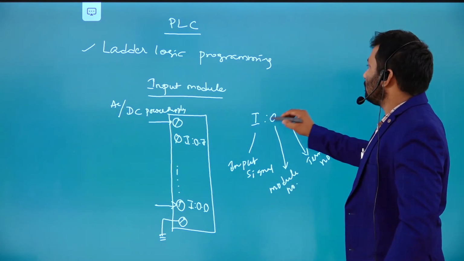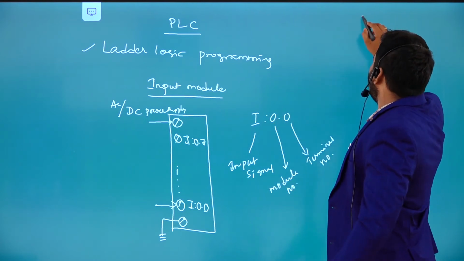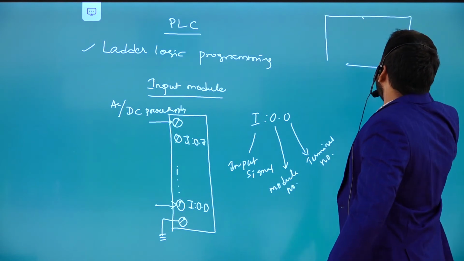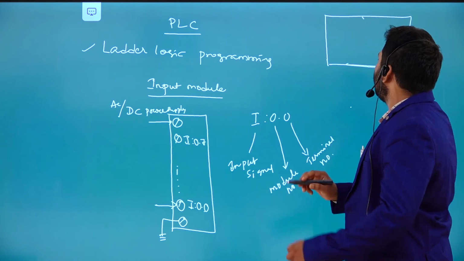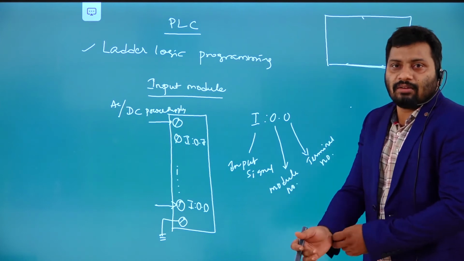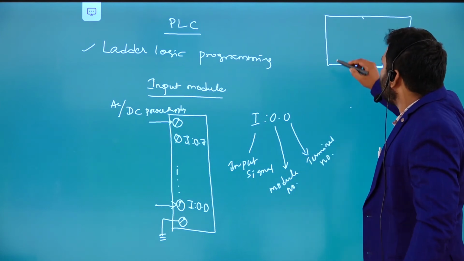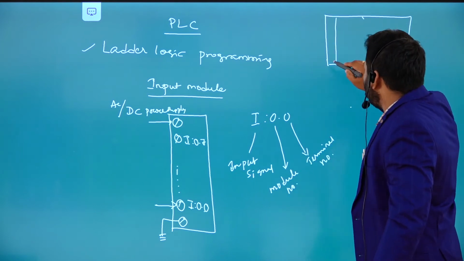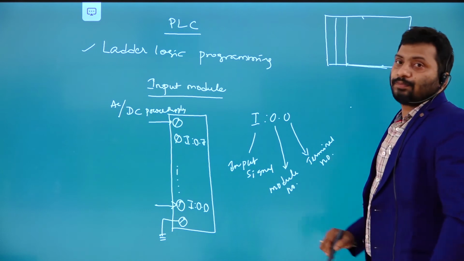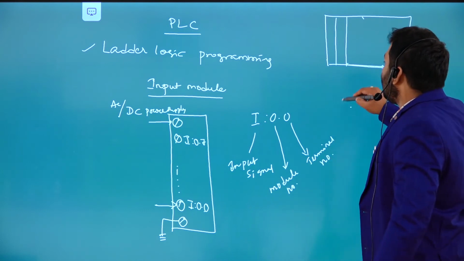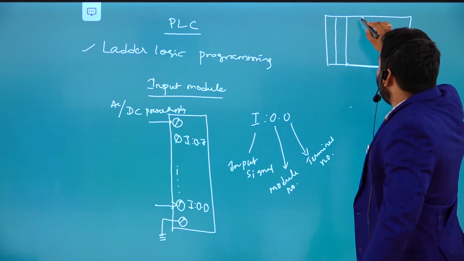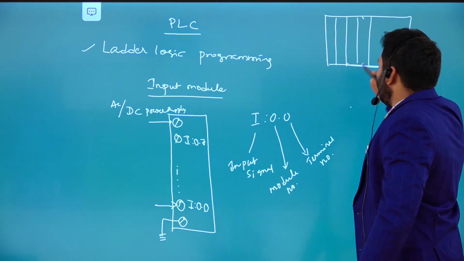Why I am giving it like this: see here, for example, this is the PLC panel, right? In this particular PLC panel, what modules are going to be fitted? Power supply module, CPU module, then the remaining modules: input module and output module, right?